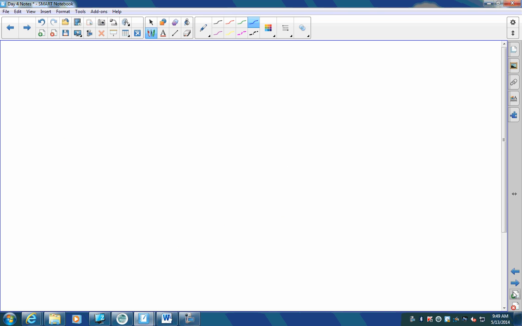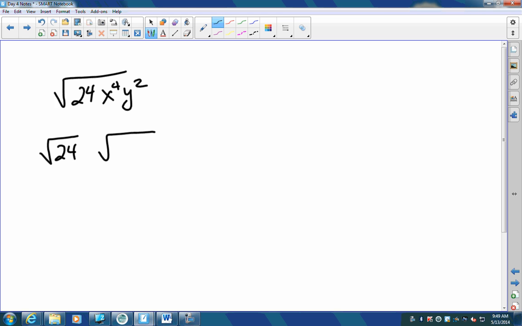Let's look at this problem. I want to do the square root of 24 x to the 4th, y squared. To do this one, I'm going to look at it as the square root of 24 and the square root of x to the 4th, y squared.